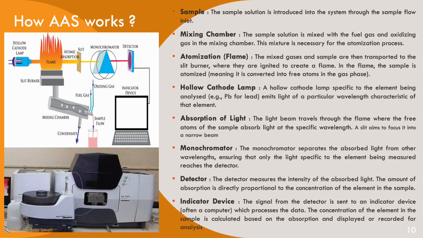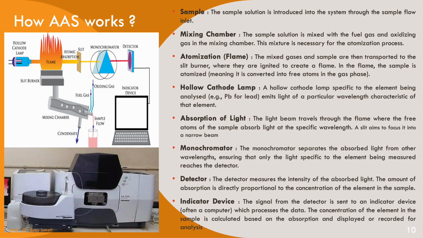Okay, now let us see the hollow cathode lamp. The hollow cathode lamp is specific to the element being analyzed. So whether you are checking for plumbum, lead, or copper, or aluminium, or magnesium, you will use a different hollow cathode lamp, right? It is stated on the lamp which element the lamp is specific to. You can see it in the lab later.